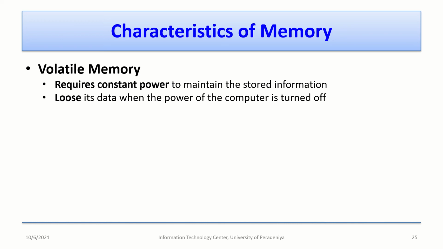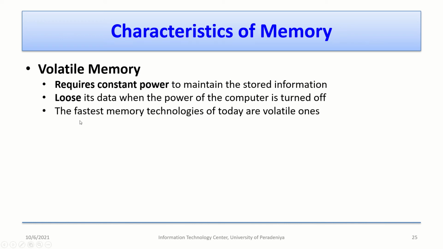That's what we call volatile. Then the fastest memory technologies of today are volatile memory storages. They need a constant power supply to maintain stored data or information. For example, RAM is volatile memory.